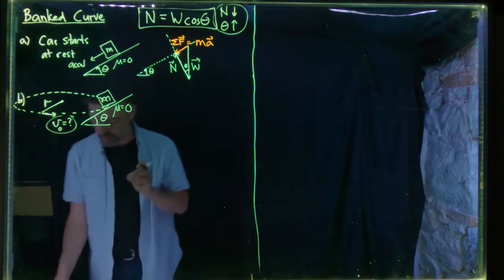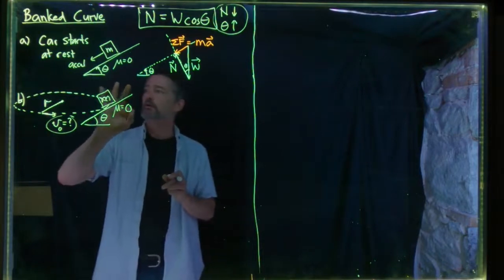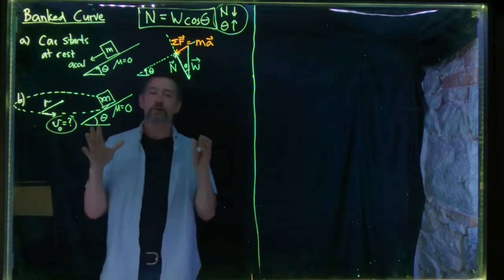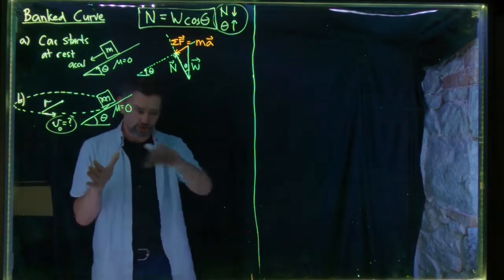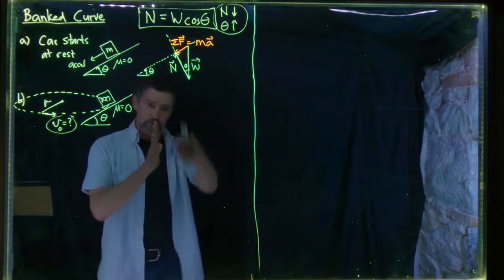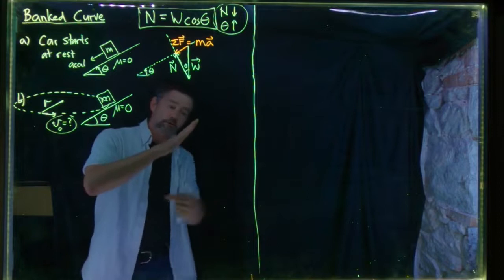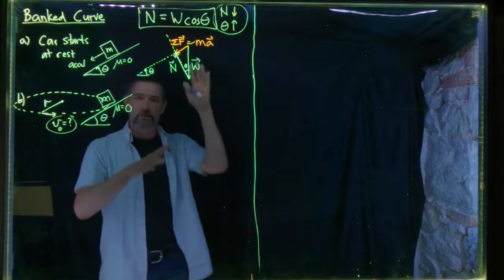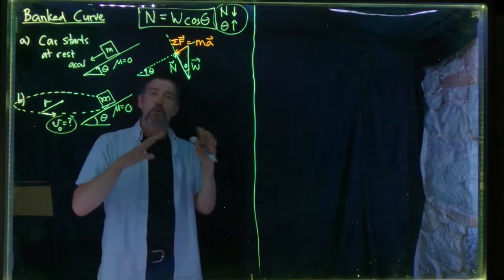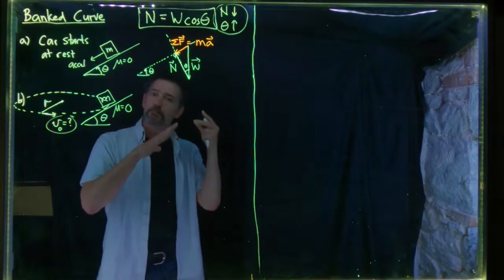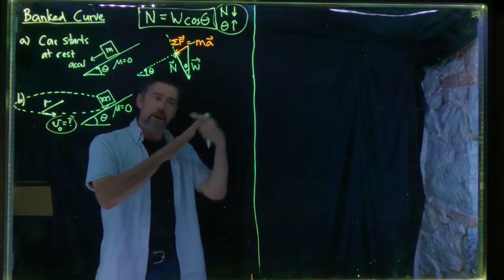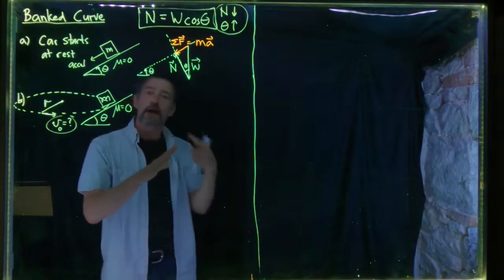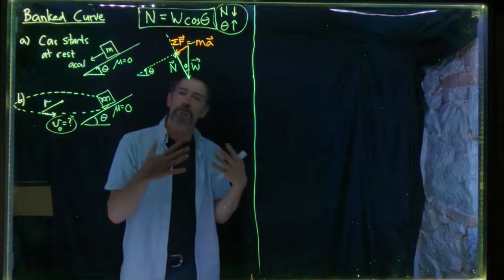Now, the crucial thing about this is the following. We're talking about uniform circular motion. Whether you're dealing with uniform circular motion in a horizontal plane, or in a vertical plane, or in a plane tilted at some angle like this, no matter what the forces are, gravity and normal force and maybe static friction force and so on, they better add up to a force that at every instant of time points directly towards the center of the circle and has magnitude m times the centripetal acceleration, v squared over r.